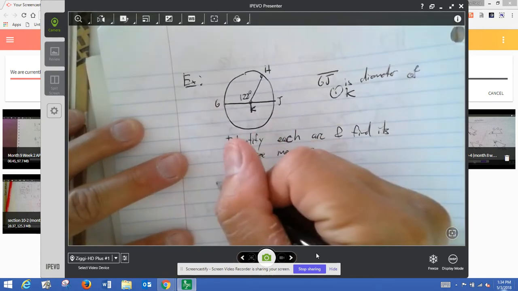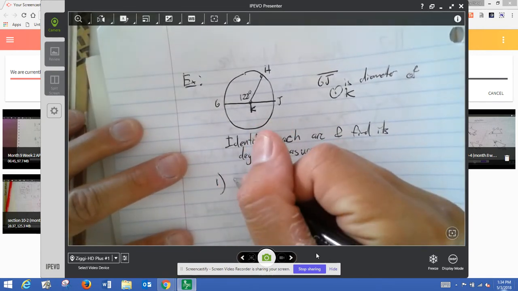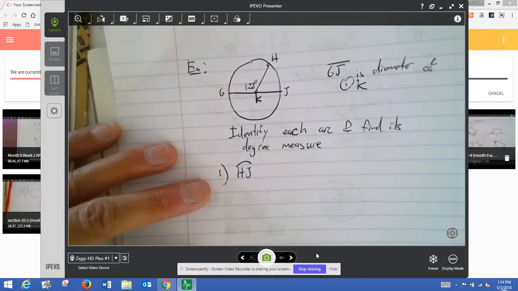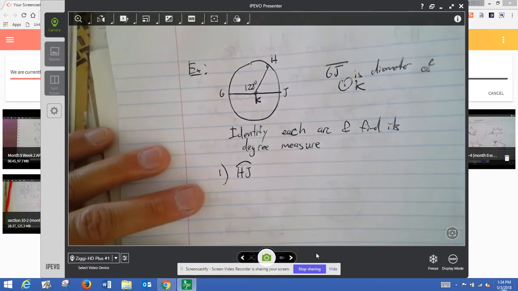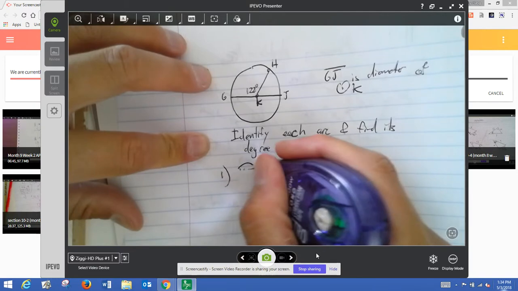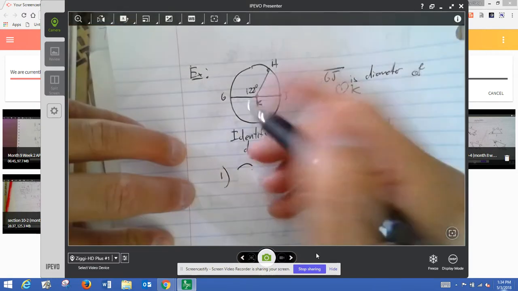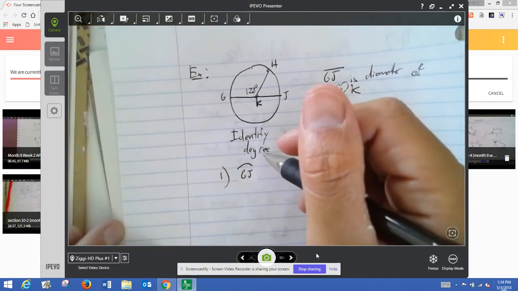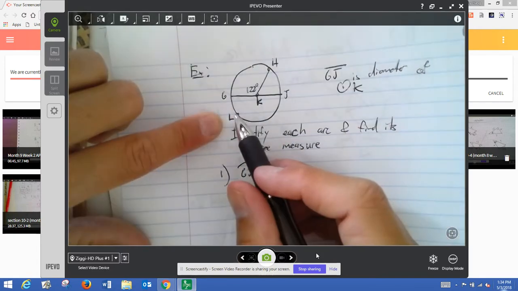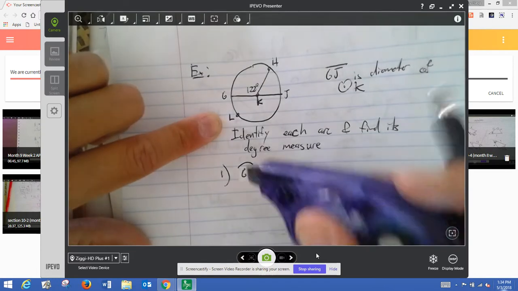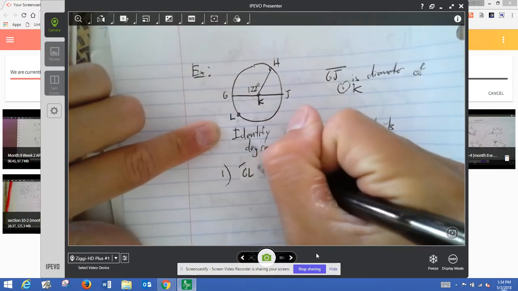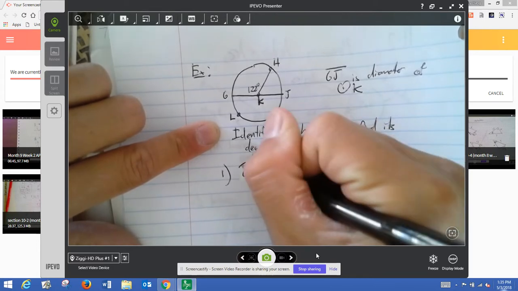So let's look at the first one. The first question is HJ. What kind of arc is that? Actually, no, let's do something even easier. GLJ. You see I drew in point L right there. Does anybody know why I have a point L, why is it significant to have GLJ?